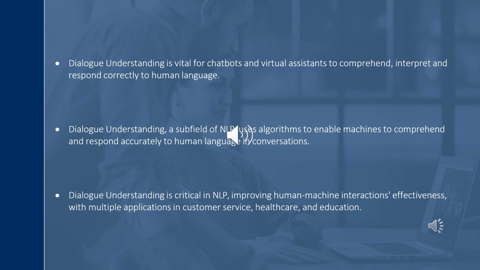This is crucial in NLP for improving human-machine interaction effectiveness, with multiple applications in customer service, healthcare, and also education. It takes into account the context of the conversation, including previous utterances, to correctly interpret and respond to the current message.